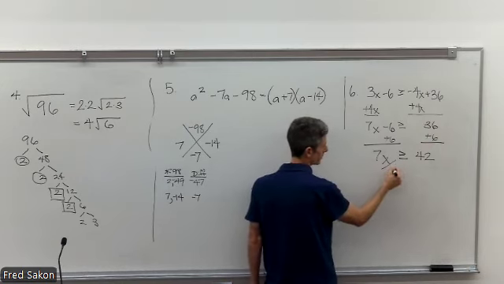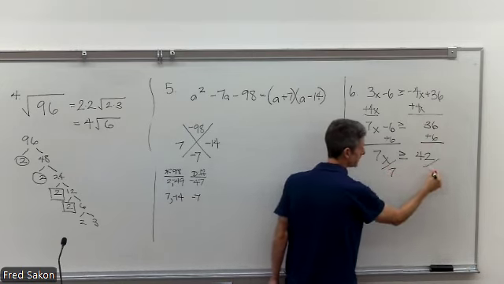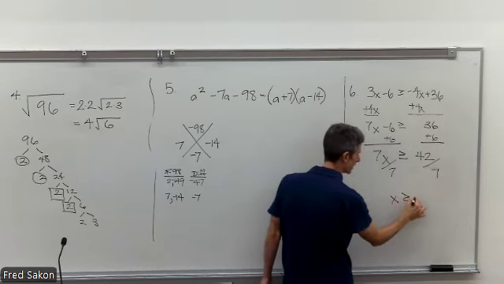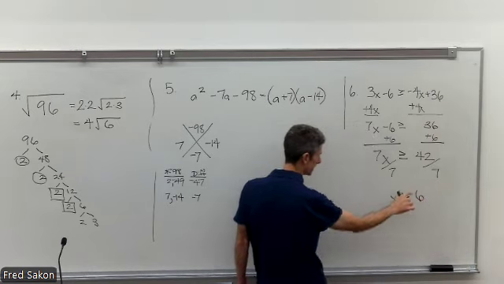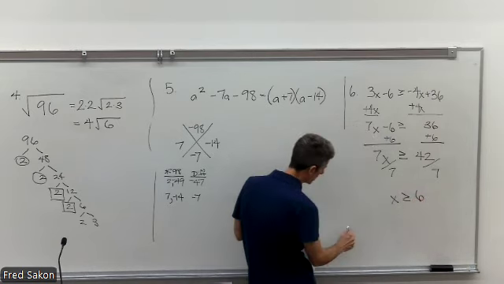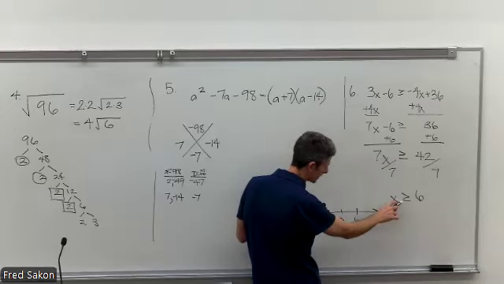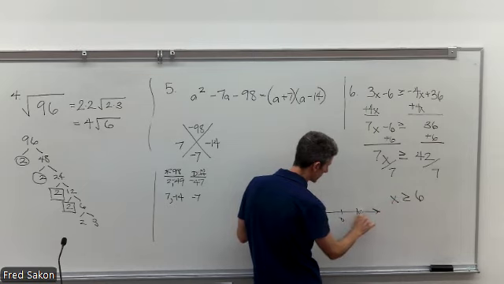7 times my variable, need to undo that by dividing by 7. Then x is greater than or equal to 6. 42 divided by 7, we can do in our calculator. Then sketch out what this looks like from 6. Want to be greater than or equal to. So greater than or equal to, remember, is a square bracket.